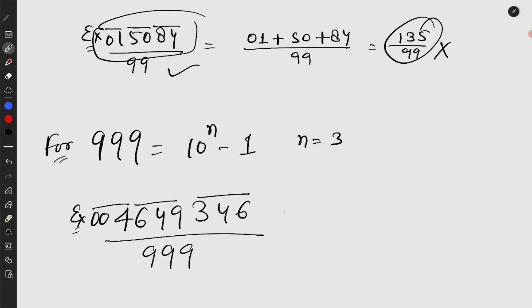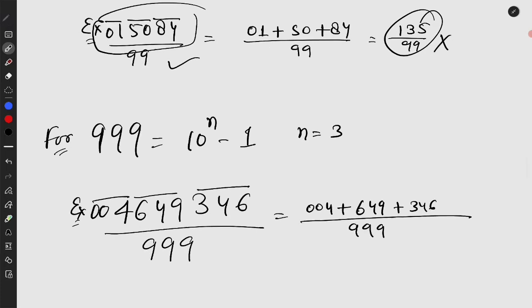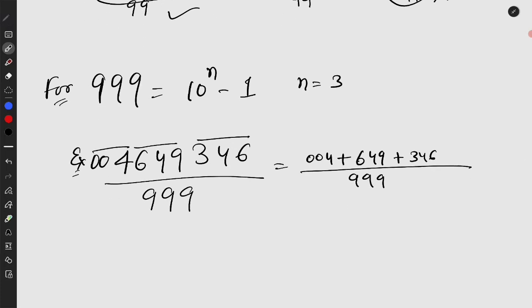Now we don't have a full group for this one, so we'll pick it as 004 plus 649 plus 346. If the sum is divisible by 999, we can clearly say the number will be divisible by 999. So 649, 346 and 4: 10, 19, 9 and 9. Yes, the sum is 999 and that is divisible by 999. So this number 4649346 will be divisible by 999.